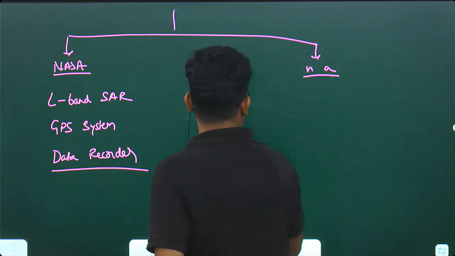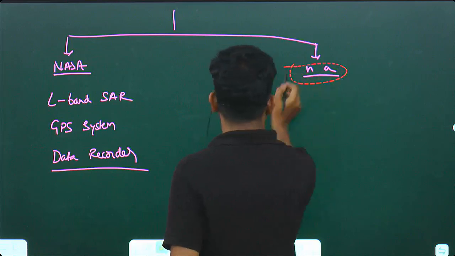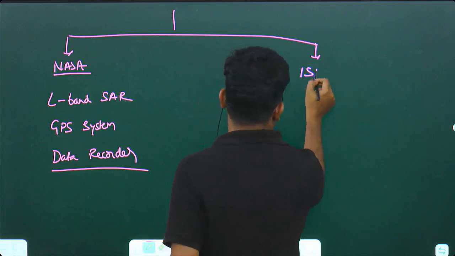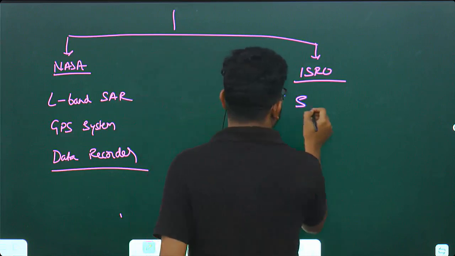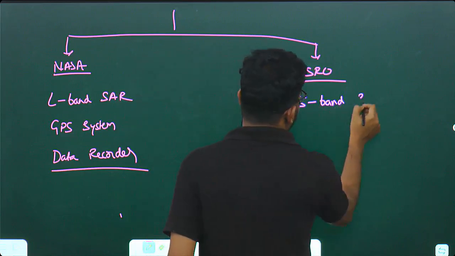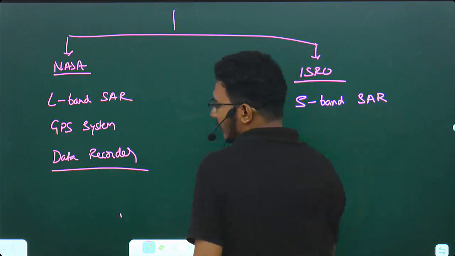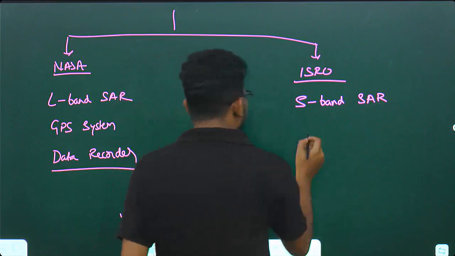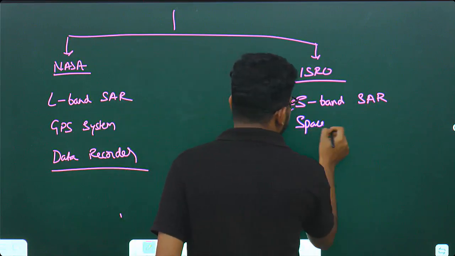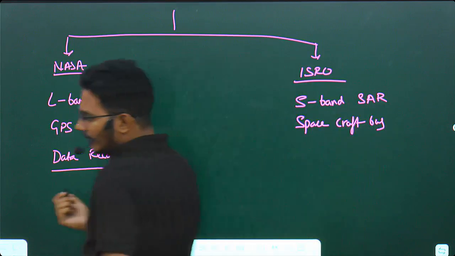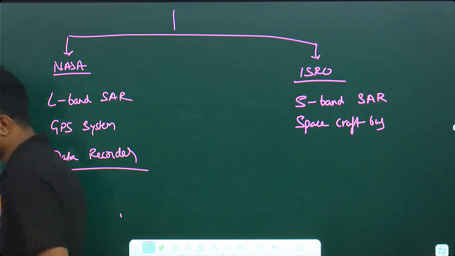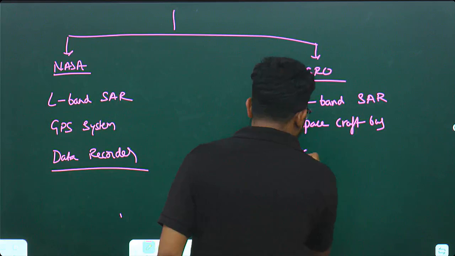Next, ISRO contributions. S-band synthetic aperture radar. And spacecraft bus. And then data transmission system.